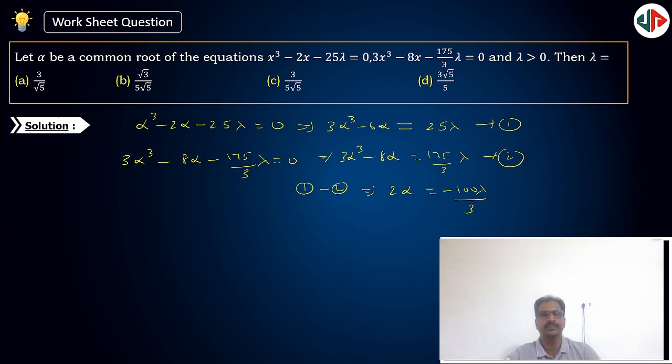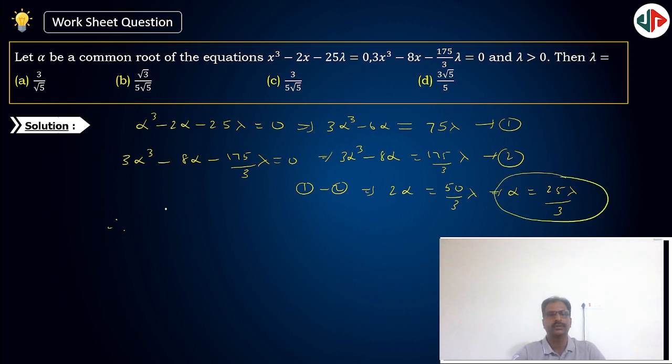In the first case, by multiplying with 3 here, you will get 75 lambda. One second. It is 75 lambda. 75 minus 175 by 3 means 225 minus 175, 50 by 3 lambda, which means alpha is equal to 25 lambda by 3.